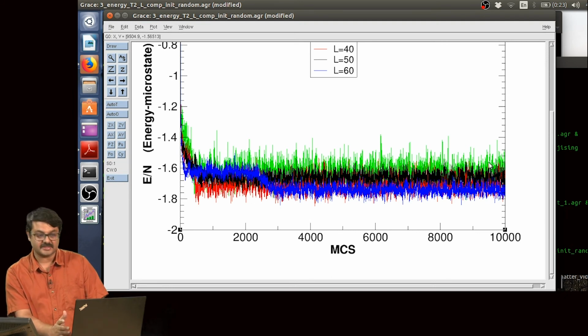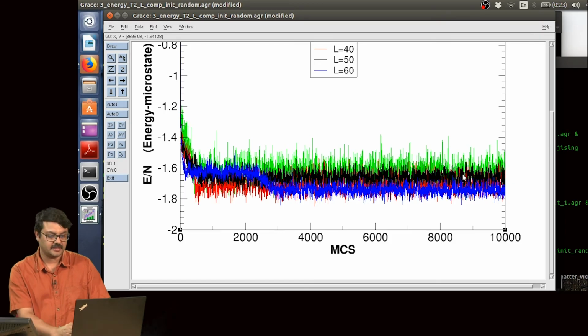We have not explicitly calculated it, we will calculate it later, but you see that the fluctuation of this and the green is different.